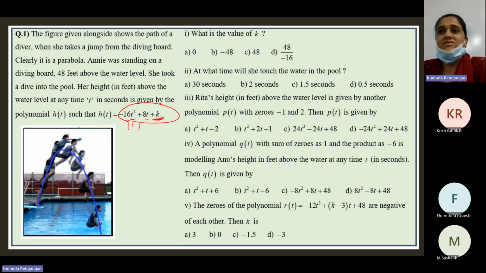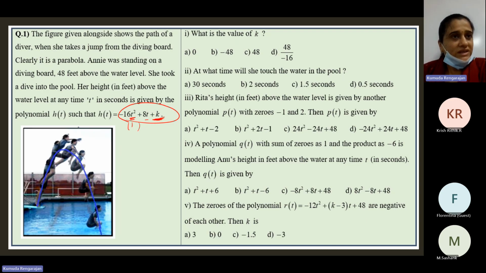So on the x-axis is the time, and on the y-axis is the height of the diver at a given time. When you give a value of t here, that is the time: 0, 1, 2, 3, 0 seconds, 1 second, 2 seconds, 3 seconds.